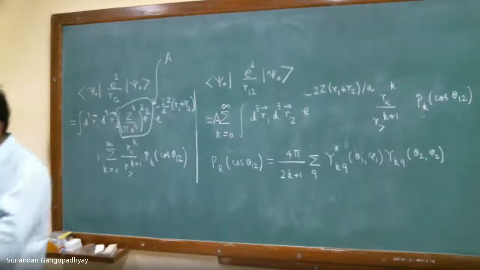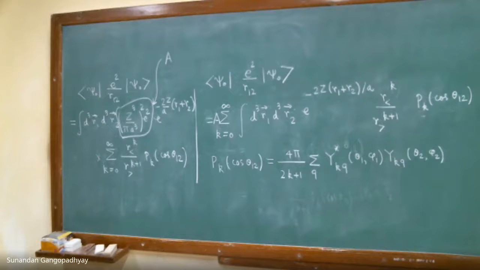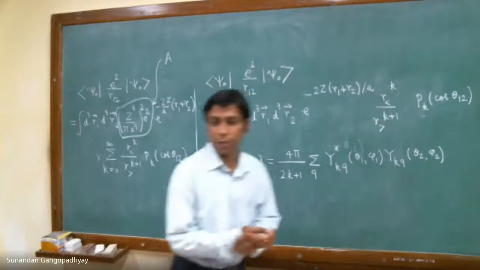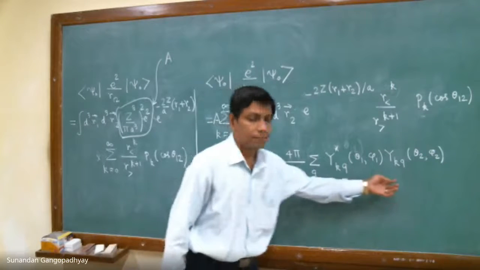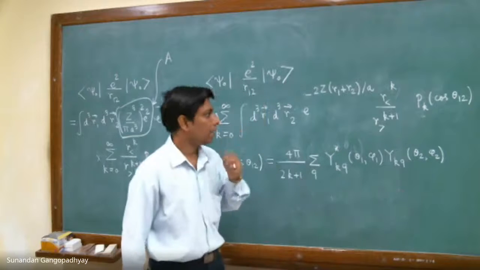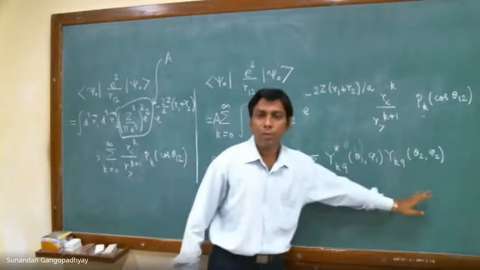So you can write it down in terms of spherical harmonics like this. You can try to prove this relation yourself at home. This is called the spherical harmonic addition theorem.